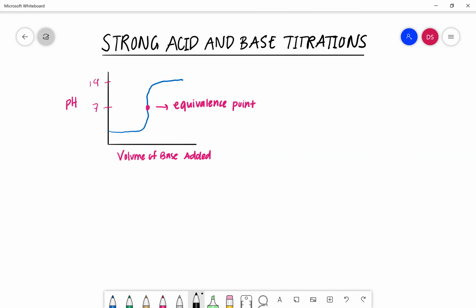So we're going to first start off by finding the pH of the following parts.